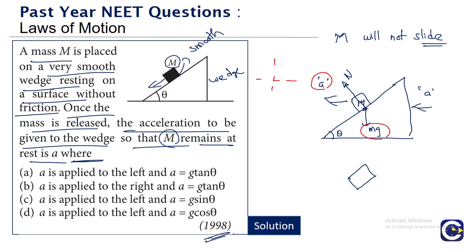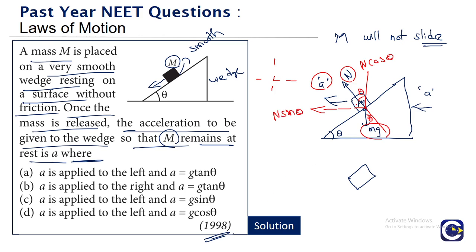Now if you look at this normal line, whatever is the inclined plane angle, the angle here also will be theta, vertically opposite angles. So the normal reaction can be resolved: N cos theta will be vertical and N sin theta will be horizontal.